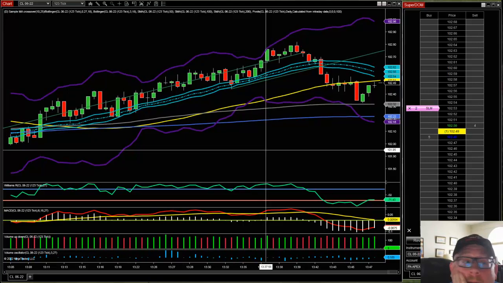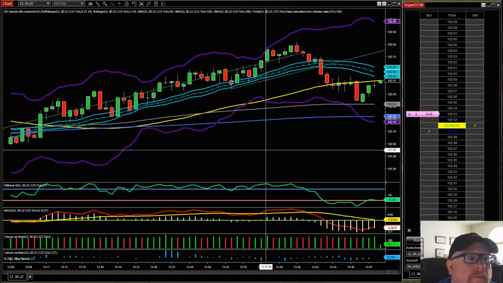See if 102.5 can hold here. $102.52 market right now.